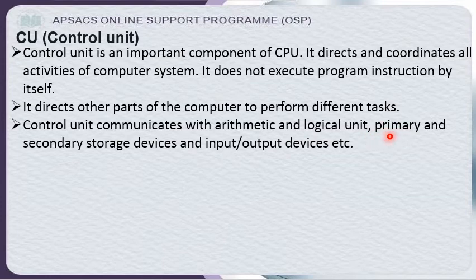So it tells the RAM to send this data to the register, or it instructs the registers to take the data which you have and move it to the RAM. And also the storage devices, the data which is there on a hard drive, take it or store it. And any input output devices which are connected to your computer are also controlled, meaning the communication is done with them through the control unit.